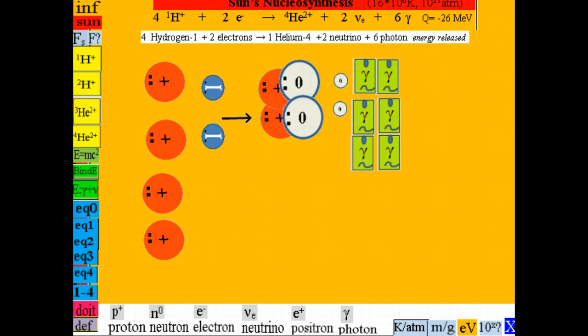Let me repeat slowly what the question is we are aiming at. We have masses on the left side and we have masses on the right side.